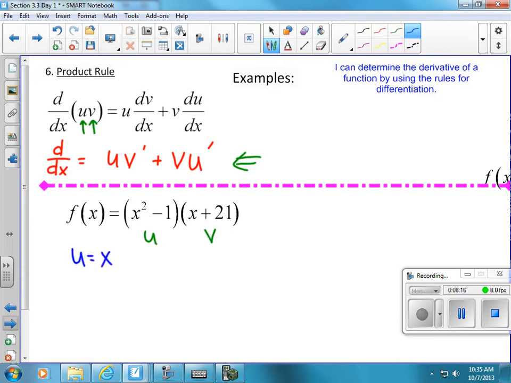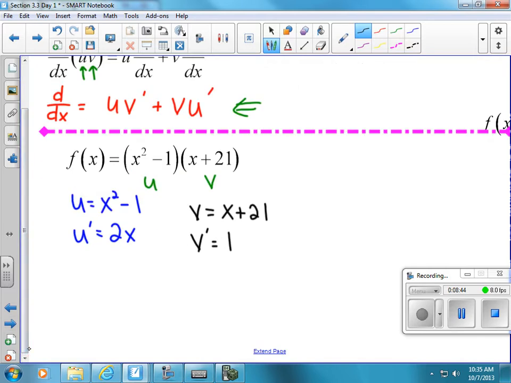So u equals x squared minus 1. u prime equals the derivative of that, which is 2x plus 0, because the derivative of negative 1 is 0. All right, the v value is equal to x plus 21. The derivative, v prime, equals 1, because x to the 1 has derivative 1, and the derivative of 21 is 0.